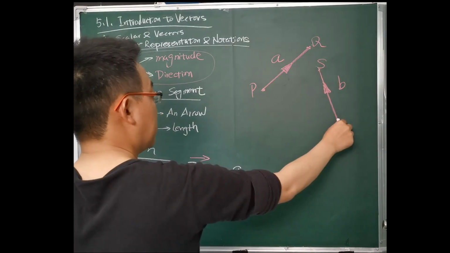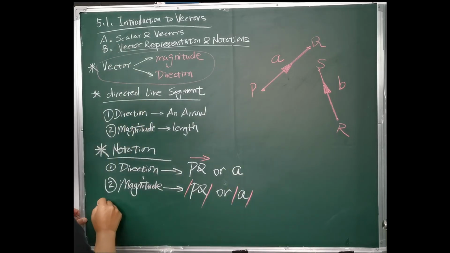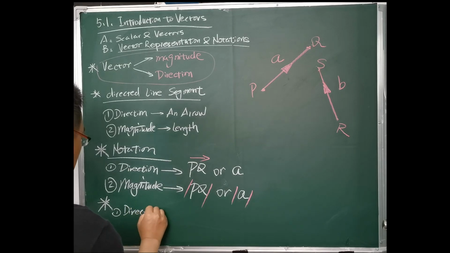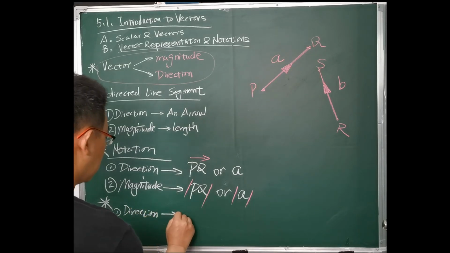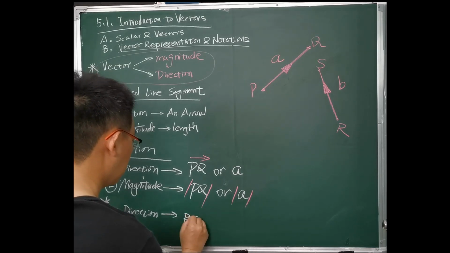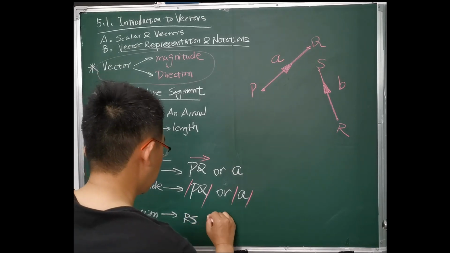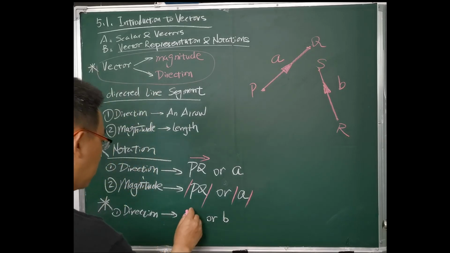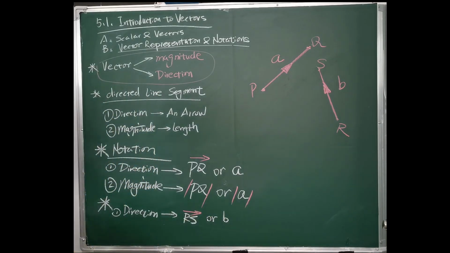Similarly, for R to S, we write RS, or we write B, of course with an arrow on top.